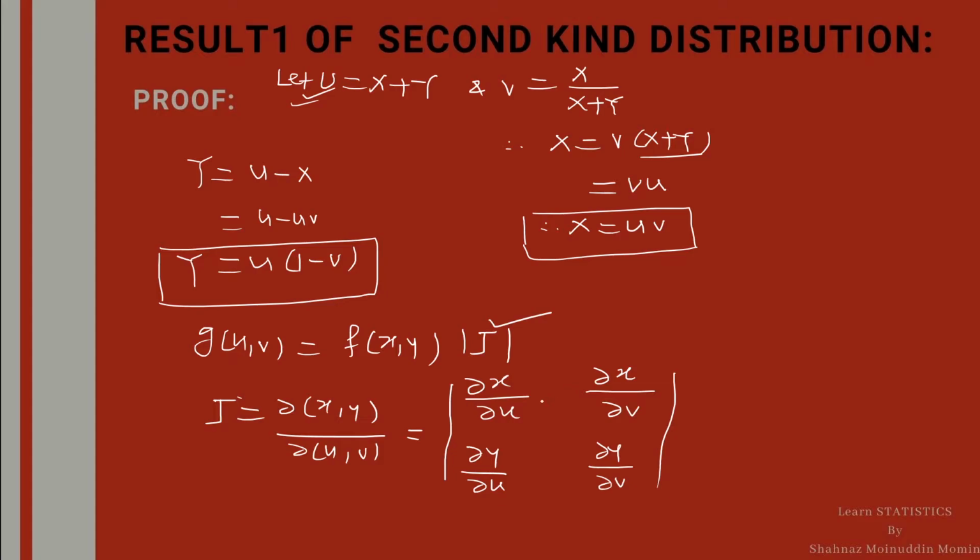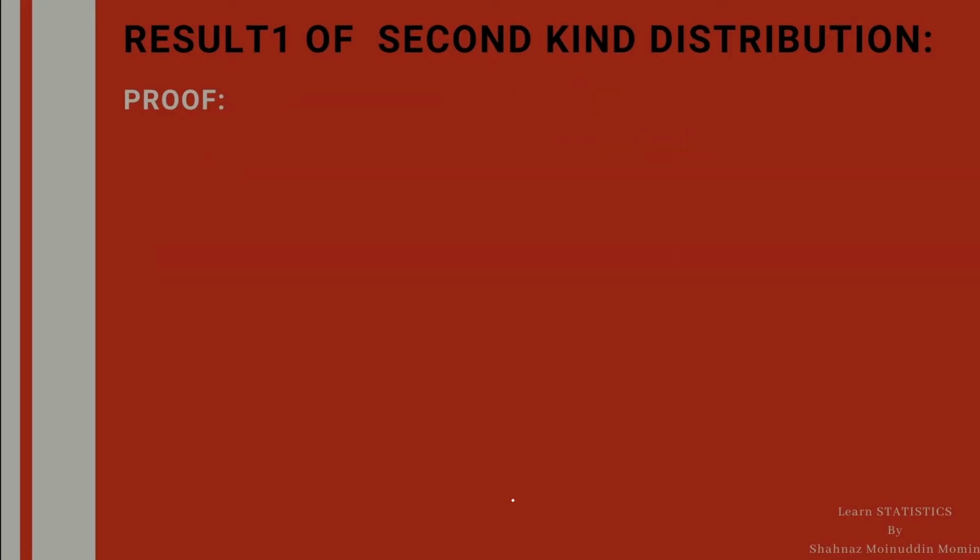Now we will calculate all these derivatives. Let me write first x equal to uv and y equal to u into 1 minus v in order to obtain the partial derivatives.